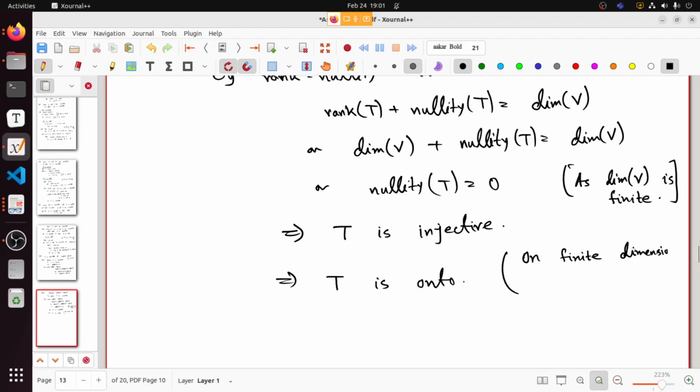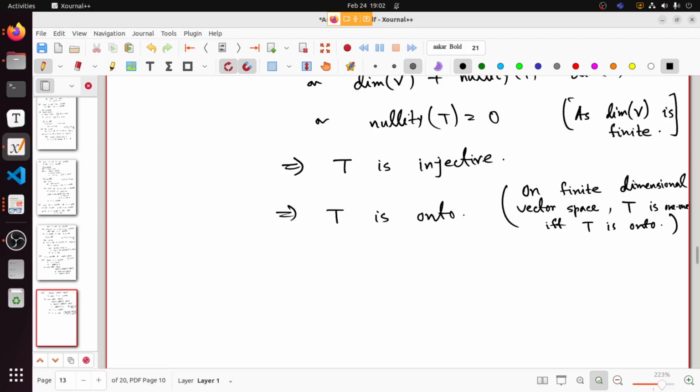On a finite dimensional vector space, T is one-one if and only if T is onto. This is the application of the rank nullity theorem. This was done in the class. So T is onto. So we have got T is injective and onto, which implies T is invertible.